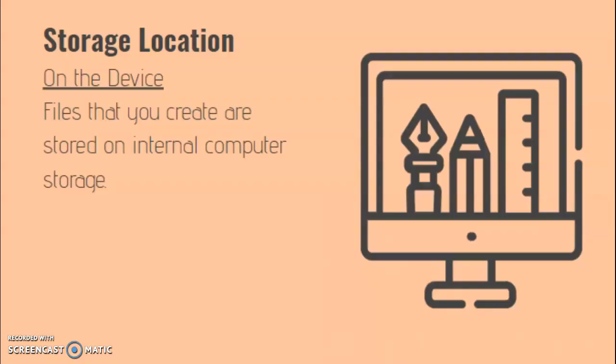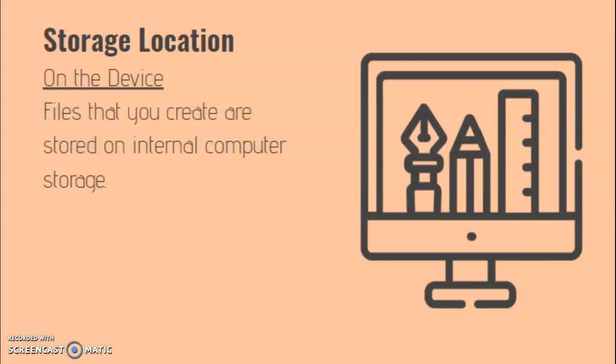First storage location, on the device itself. Files that you create are stored on internal computer storage or internal Chromebook storage or your internal phone storage. So if you don't have your photos syncing to the cloud with your camera on your phone, and it's just going to your phone, that's internal storage. Think about if you dropped your phone and it smashed, what would you lose?